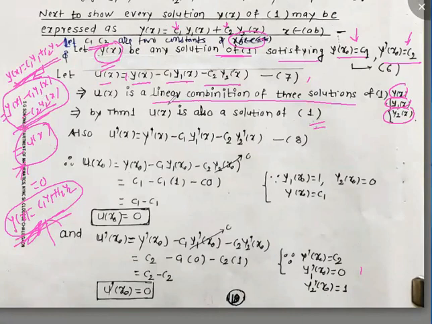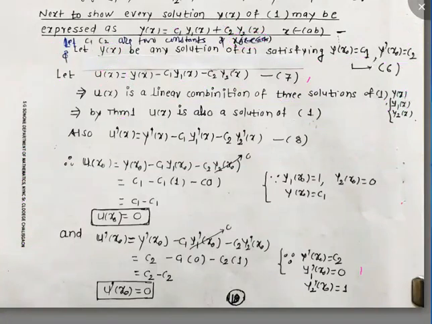So u(x) is a linear combination of three solutions, and what we have seen by theorem 1 is that if you have two solutions, then their linear combination is also a solution. Similarly, we can prove a linear combination of three solutions is also a solution of the given differential equation. So by theorem 1, since a linear combination of two solutions is also a solution of 1, therefore a linear combination of three solutions is also a solution of 1.